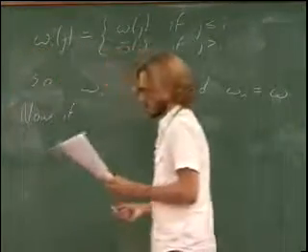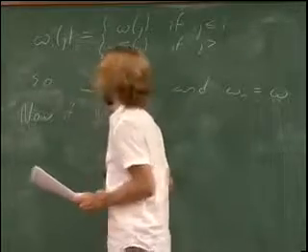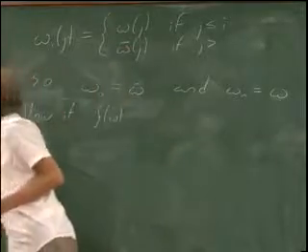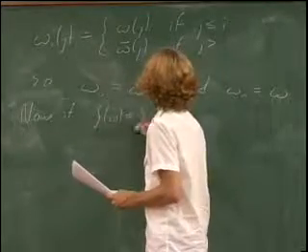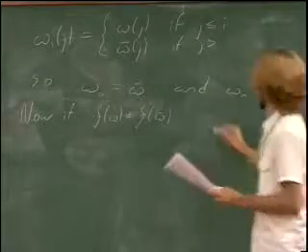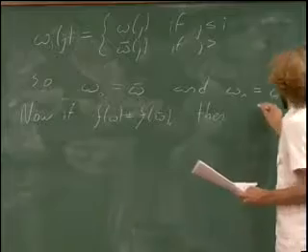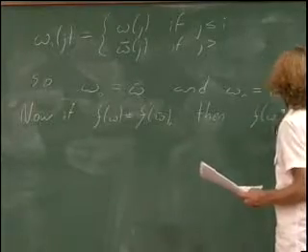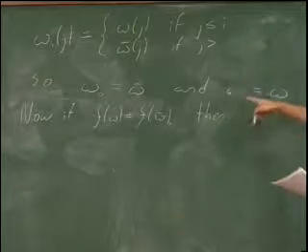Now, if it holds that f of omega is different from f of omega bar, then that means that f of omega naught is different from f of omega n.